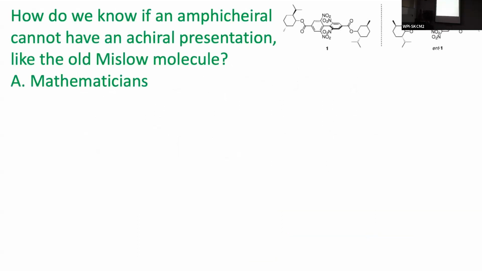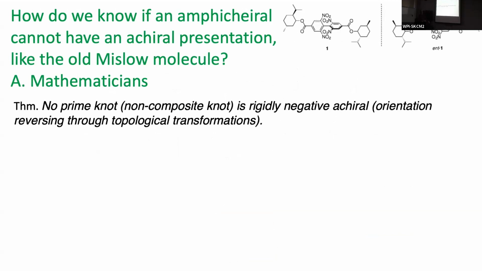How do we know if an amphichiral knot cannot have an achiral presentation like this old molecule from Mislow? Again, we have mathematicians for these kinds of things. There's a theorem: no prime knot, that is no composite knot, that is rigidly negatively achiral, orientation reversing through topological transformations.